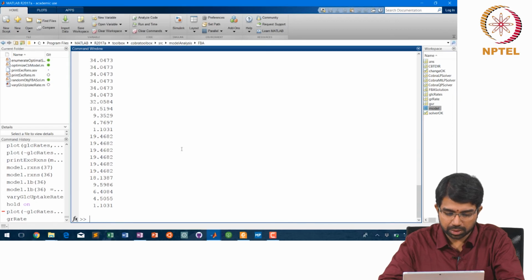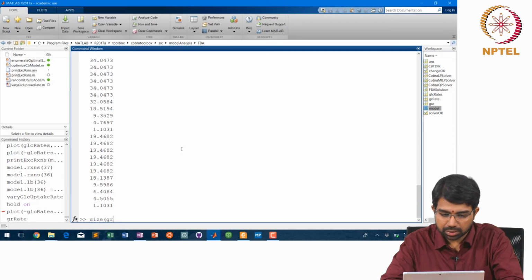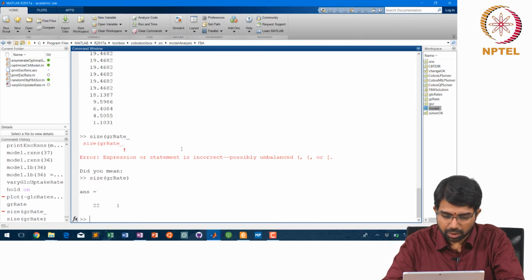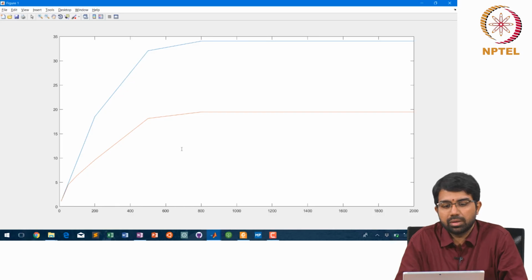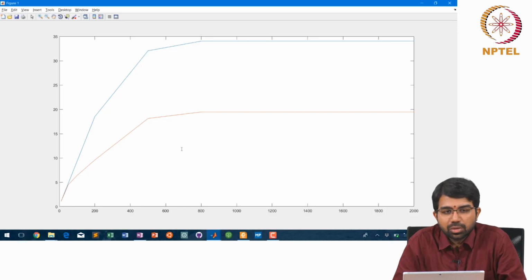So, this should be size of growth rate, 22. So, I need to plot. I reduced the glucose uptake rate, the oxygen uptake rate lower bound.